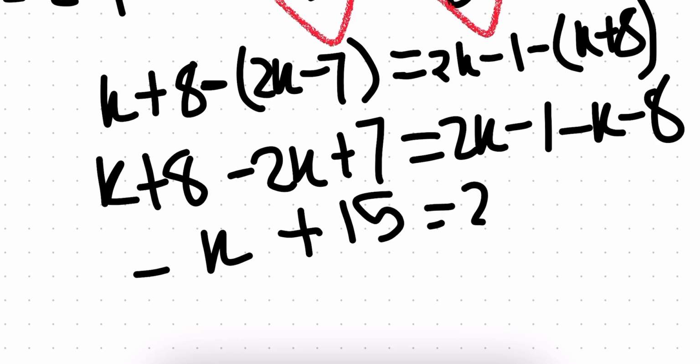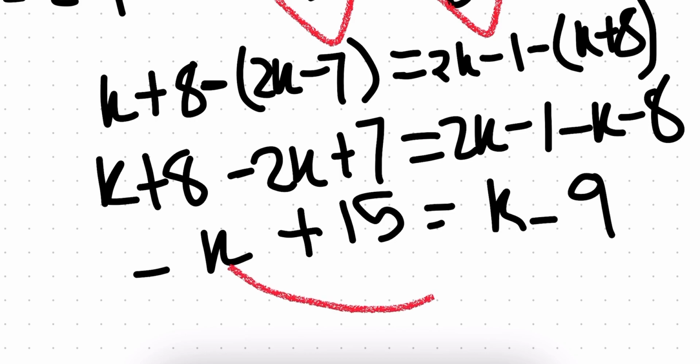Equals, oh sorry, it shouldn't be 2k, also k here. It should be k minus 9. Let's group the like terms. I'll just take this side and this side. It's easier for me because I don't want to have a negative, so I want to convert all my unknowns into positive things so that I don't have to divide at the end. You know what I'm saying?